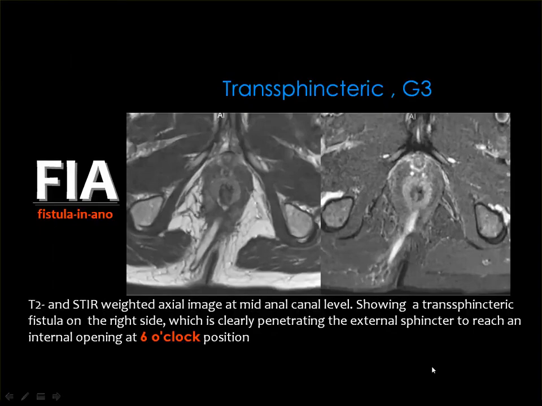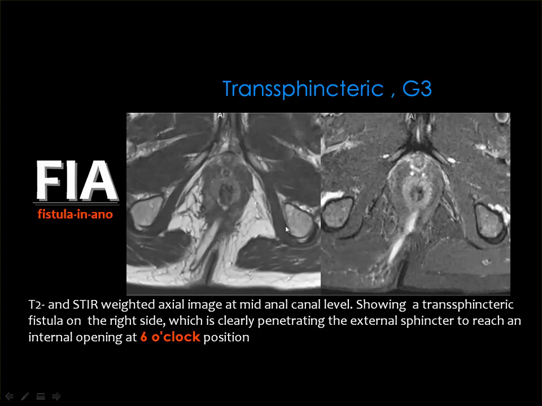Then we come to the transsphincteric fistula, where the fistula tract crosses the internal sphincter and the external sphincter. And this is a good example where you see the internal opening at the 6 o'clock position, and you see the tract passing through the ischioanal fossa until it reaches the skin.